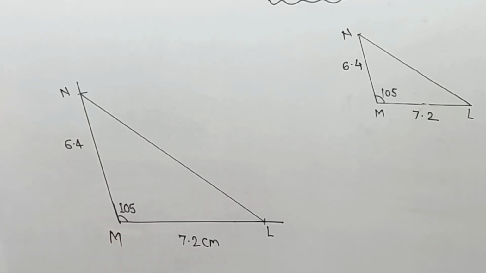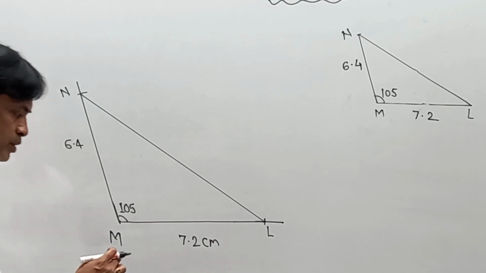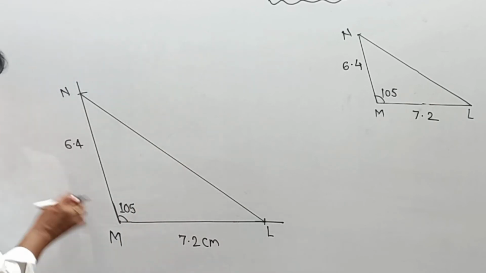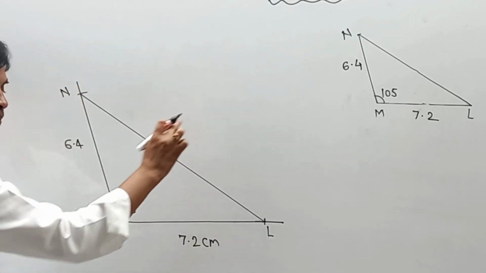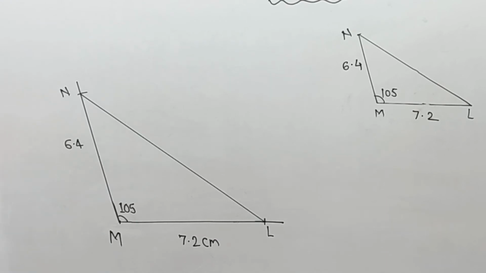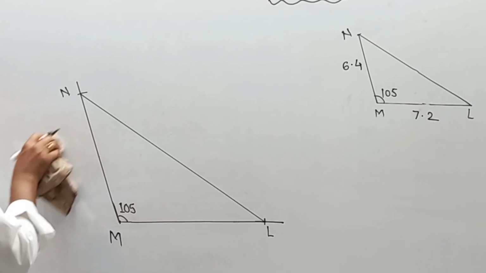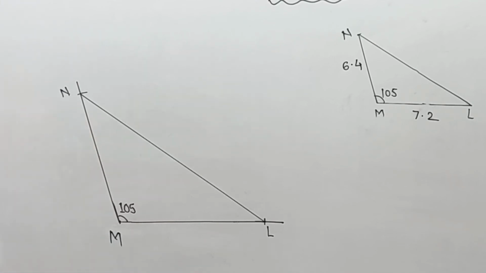Now coming to the part over here, we have to draw the perpendicular bisector on any two sides. So I am going to select first ML and draw one perpendicular bisector, then second MN over here, and then my structure is completed.